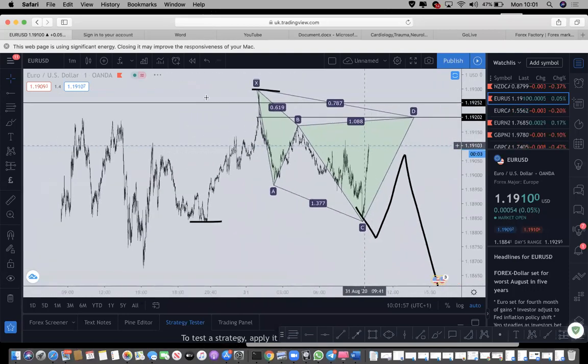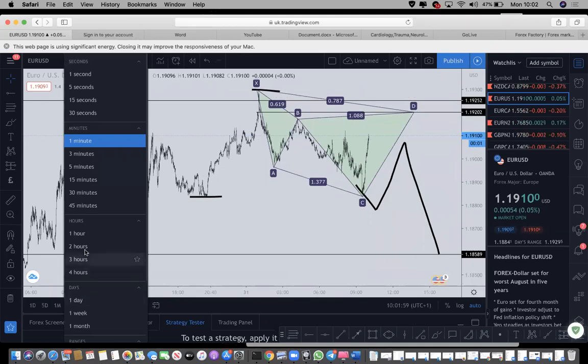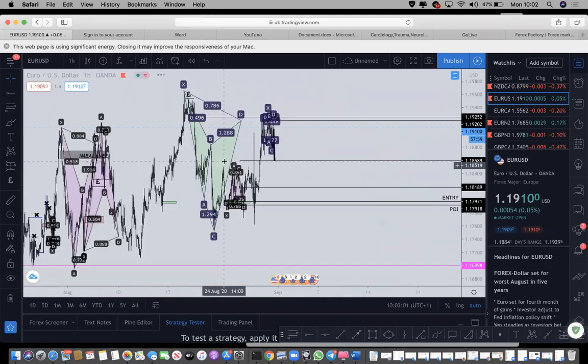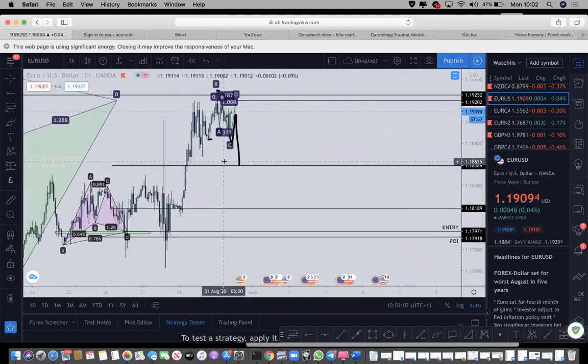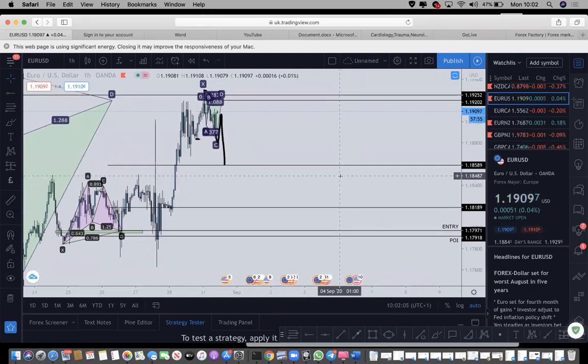If it doesn't go wrong, then you will be targeting, on our time frame, our first TP around 1.18. Wow, that's a very, very good trade right there.